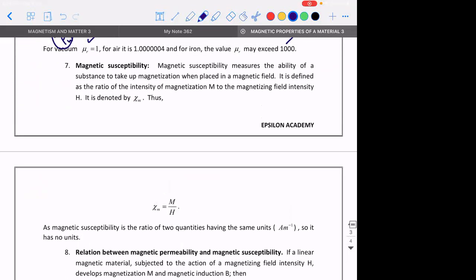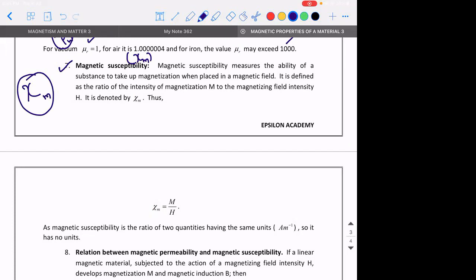Next is magnetic susceptibility, which is written with the symbol chi, a Greek letter. Susceptibility means vulnerability. What do you mean by vulnerable?